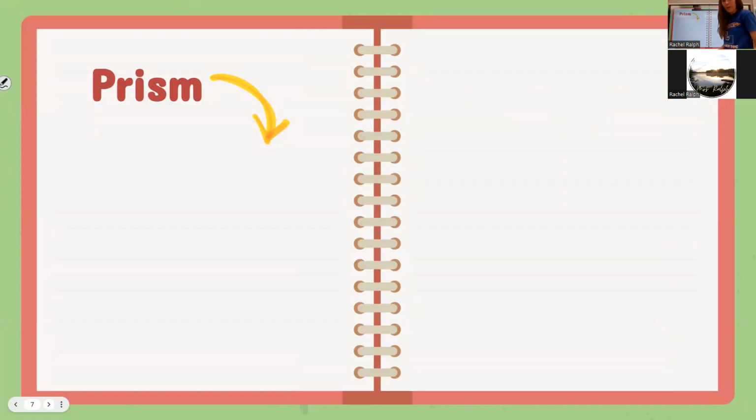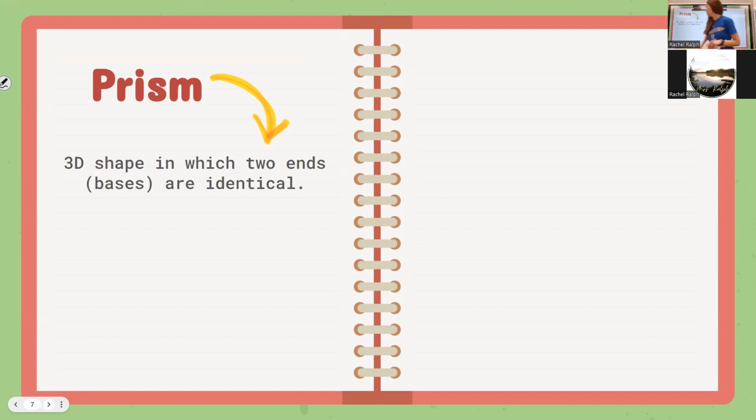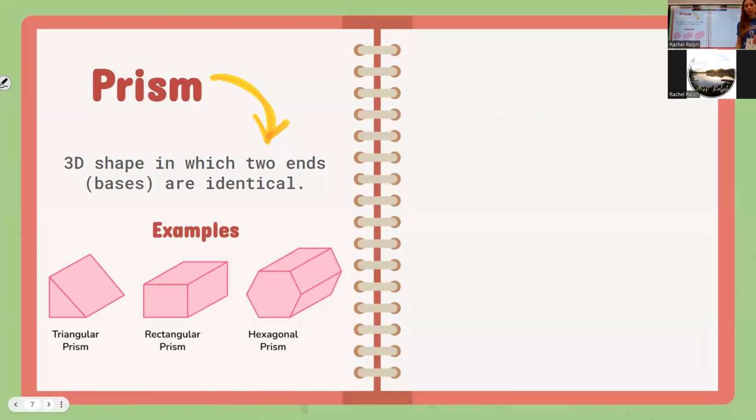So first off, what is a prism? For finding the volume of a prism, let's figure out what a prism is first. A prism is a 3D shape in which two ends, or bases, we're going to call the ends bases, are identical. You've definitely seen prisms before. Here are some examples. We have a triangular prism, a rectangular prism, and a hexagonal prism.